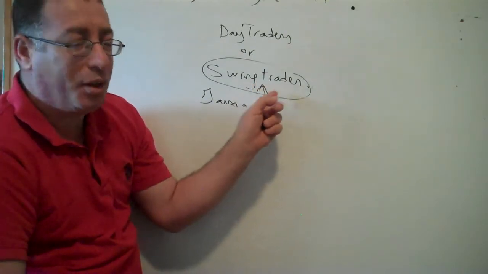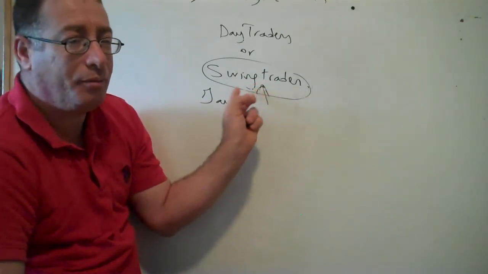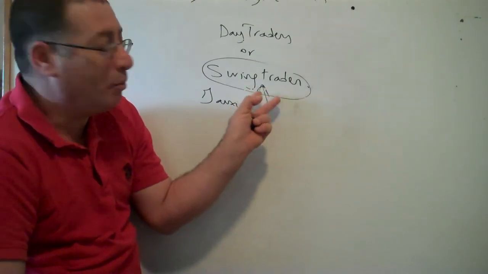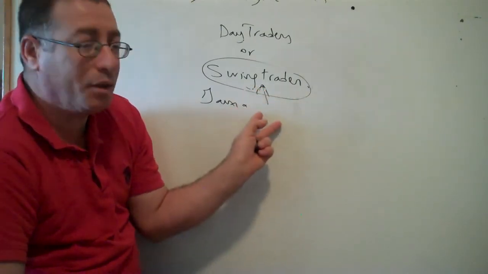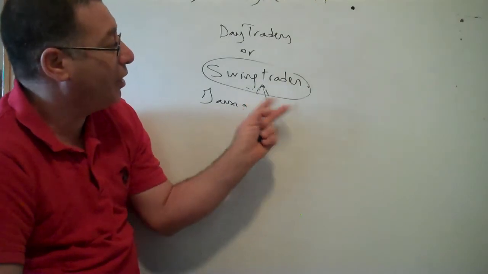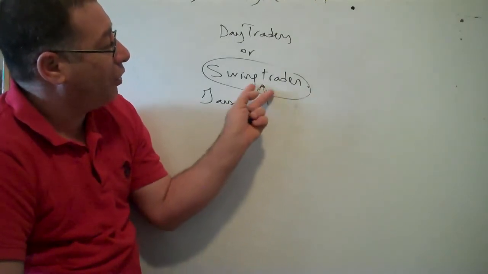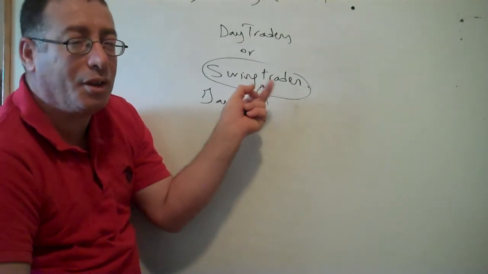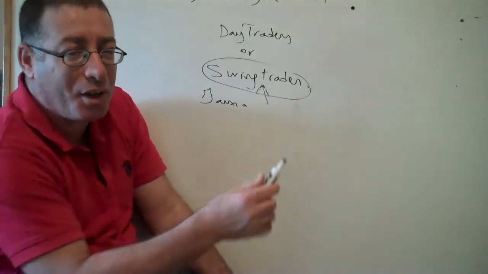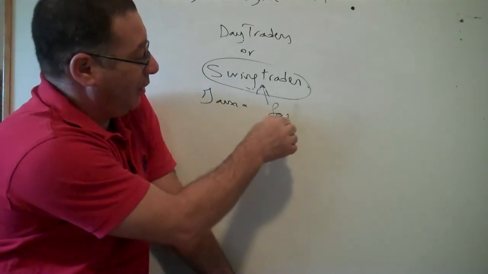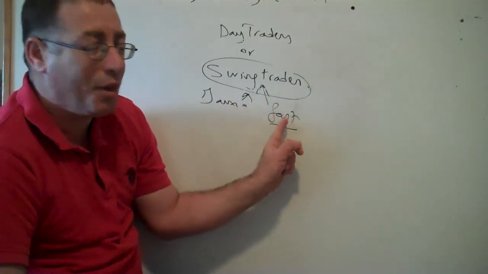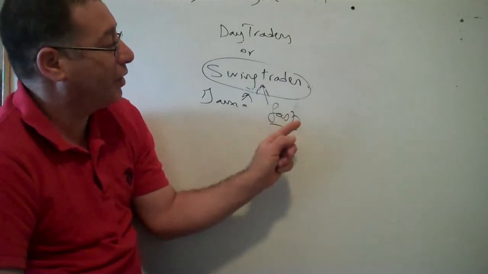For me, as a swing trader, I do my research and I choose some stocks and I buy. I always choose those stocks that run faster or quicker than the other ones.